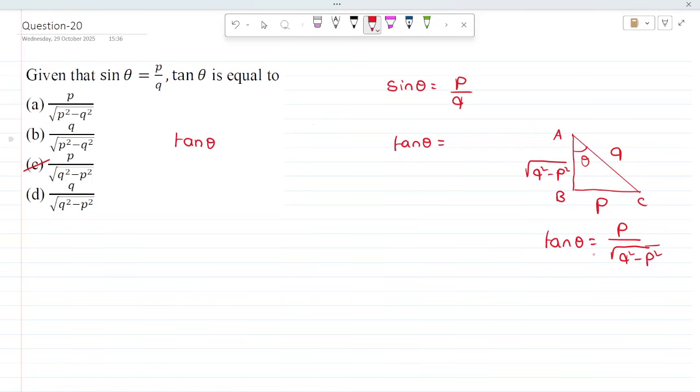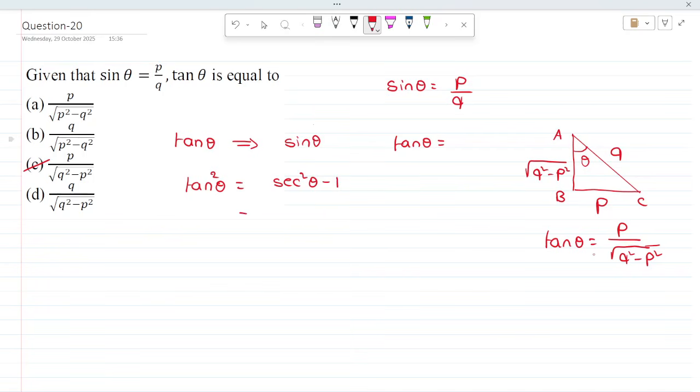The other method is, tan theta, I can write fully in terms of sin theta. How can we do that? What is the tan theta relation? Secant square theta is there, right? So from that, tan square theta can be written as, just now we used, secant square theta minus 1. Agree with this?